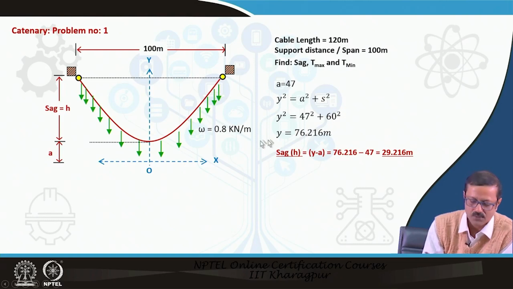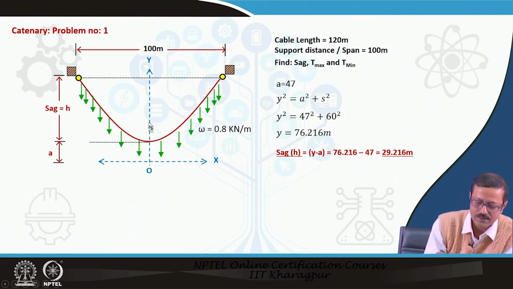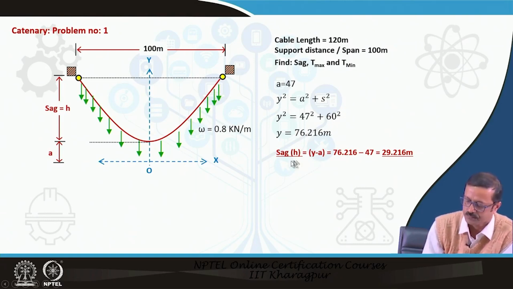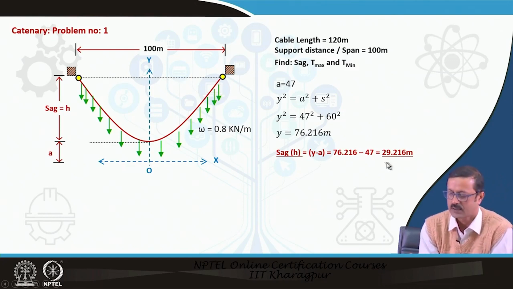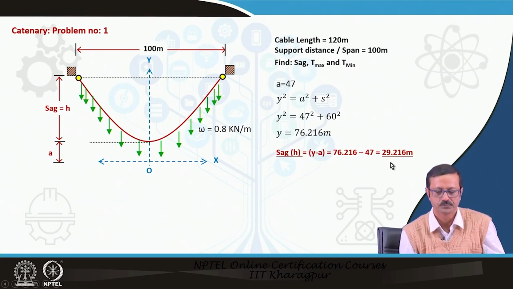And what is y? y is a plus the sag h. So the sag is equal to y minus a, which I find out to be 29.216 meter. If the span is 100 meter and the total length is 120, the sag will be 29.216 meter.